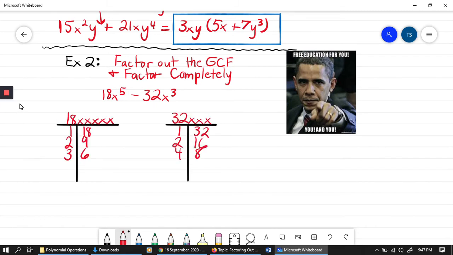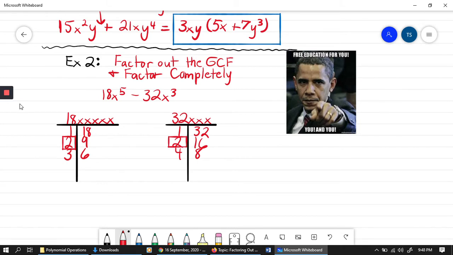Okay, so when we look at all those factors there, we have some factors that they have in common. So you can see they've got 1 in common. They've also got a 2 in common. And so for the numbers, the constant, the common factor that they have in common there is 2.